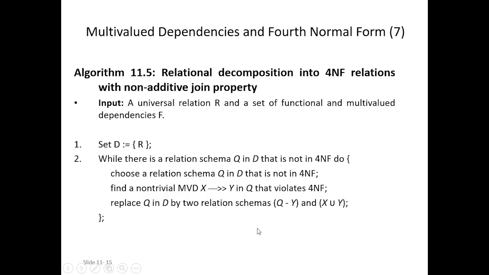That will be satisfied if we get 2 relation schemas Q minus Y and X union Y. So Q, which violates 4NF, will be decomposed into Q minus Y, where we just remove this Y from here, and the second will be X union Y. That is according to the definition.